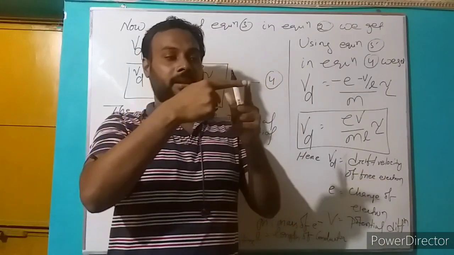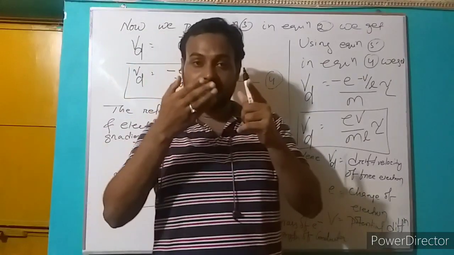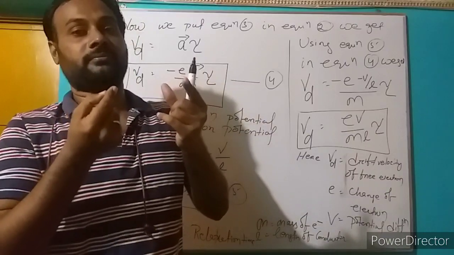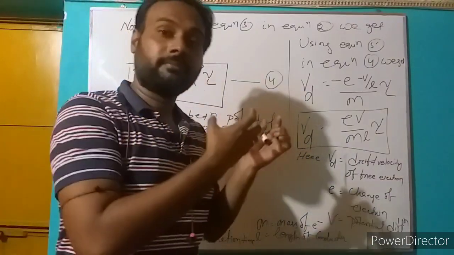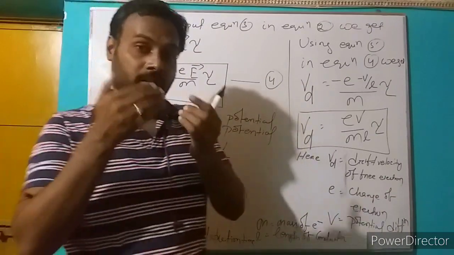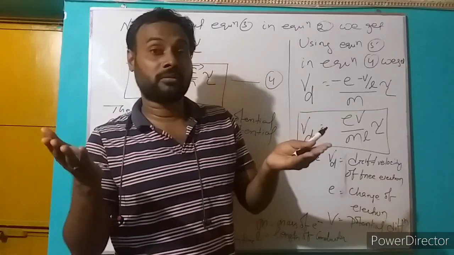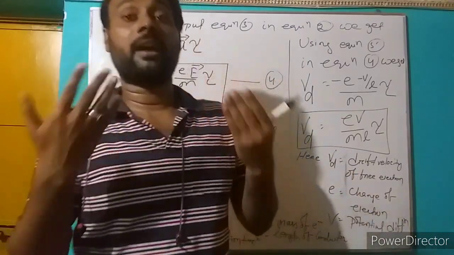So there is a path between the electrons, so we can say there is a drifting of electrons, and they move with a certain velocity, which gradually decreases. Before applying the battery, there is a huge velocity, about 10 to the power 5 meter per second.